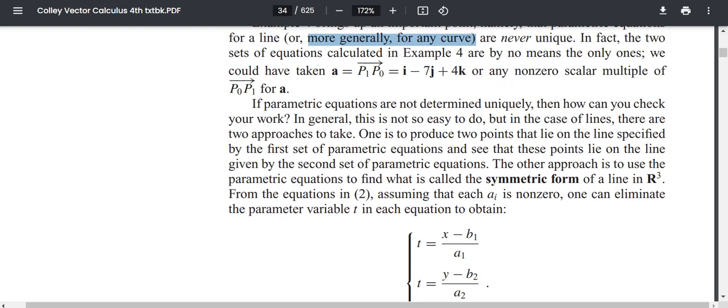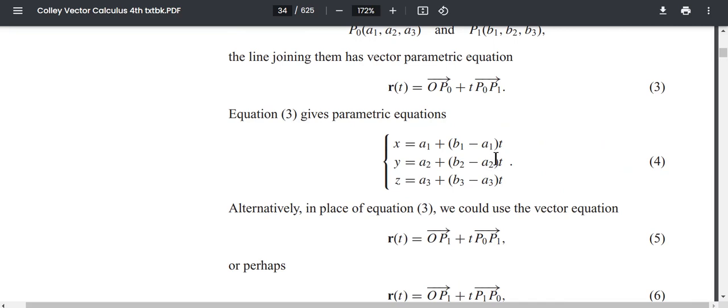But there's also another way, and that is using what's called the symmetric form of a line in R3. These methods don't work for curves that are not lines, but if they are lines, this method and the previous one we just mentioned work. The idea is that we solve each of these equations for t. So we'll get t equals something, t equals something, t equals something.